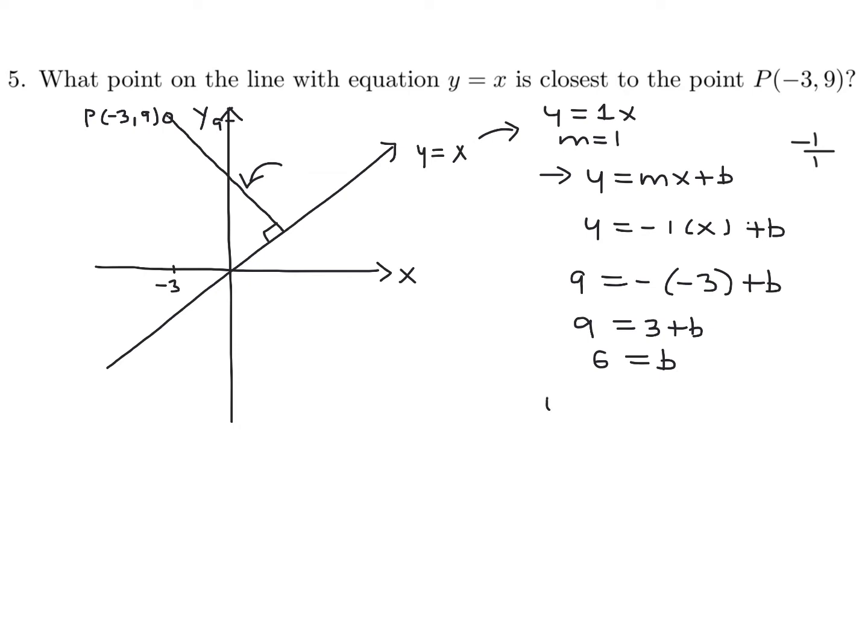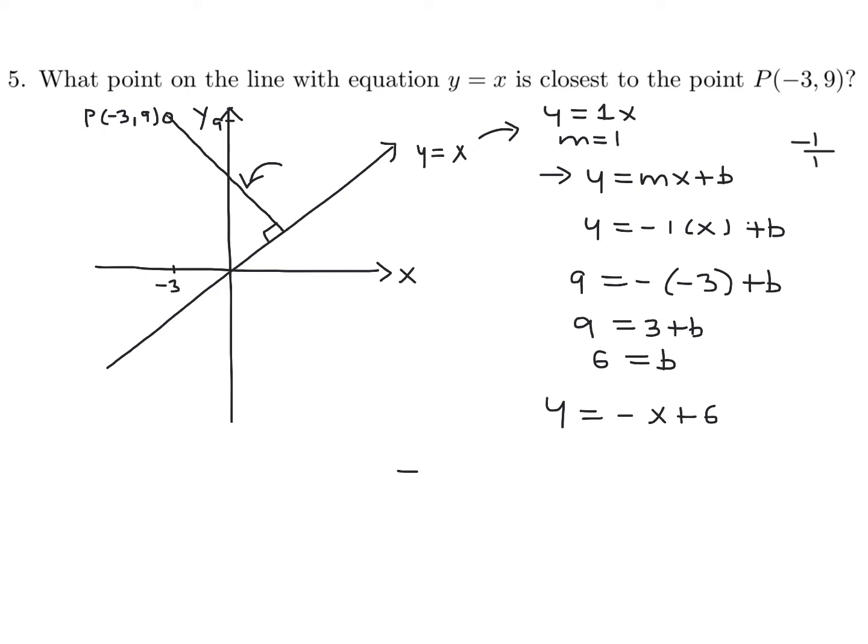So the equation of this line right here is y is equal to minus x plus 6. And therefore, we now have to find this point of intersection, which is the intersection of y equals x and y equals minus x plus 6.